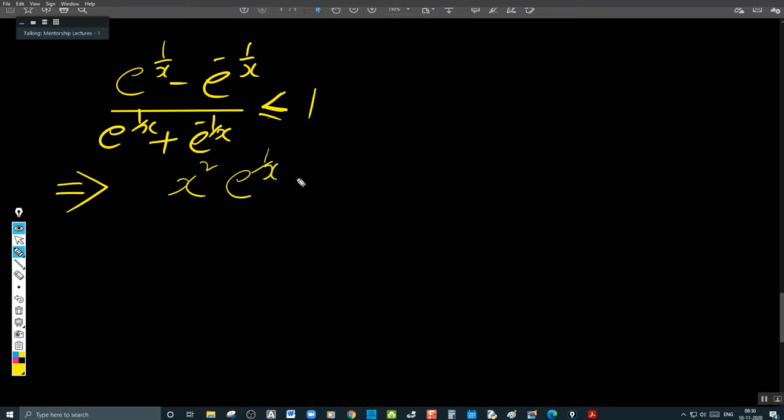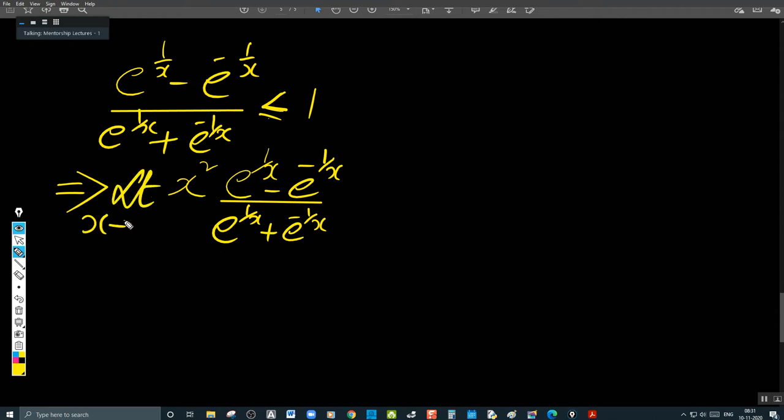E power 1 by x minus e power minus 1 by x, whole divided by e power 1 by x plus e power minus 1 by x, under the limit x tends to 0, is less than or equal to, since we multiplied both sides with x square in the above inequation, limit of x square as x tends to 0.